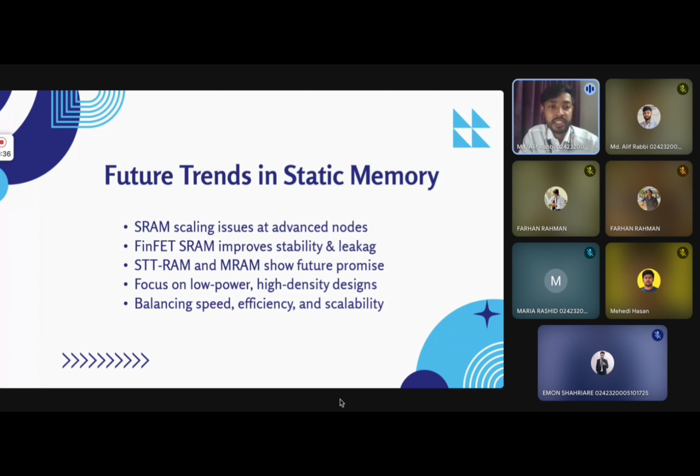To improve efficiency, designers are using FinFET-based SRAM and exploring non-volatile options like STT-RAM and MRAM. There is also ongoing research in low-power, high-density designs using advanced materials. Researchers aim to make static memory faster, smaller, and more efficient for future systems. Now, I call my next team member, Farhan.